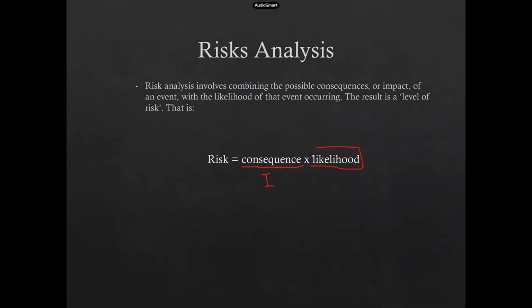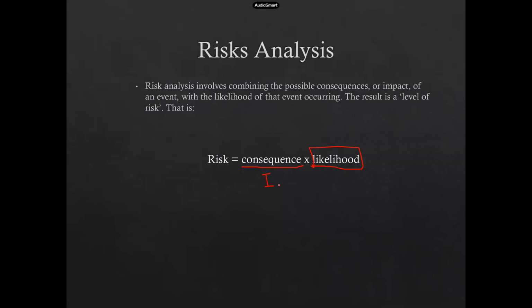This likelihood is the probability of occurrence of any risk, and the consequence or the impact is, for each risk, how that risk can have an impact on our venture or our project, whatever we are doing.